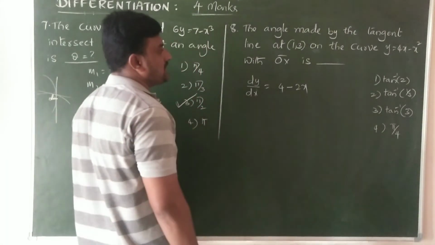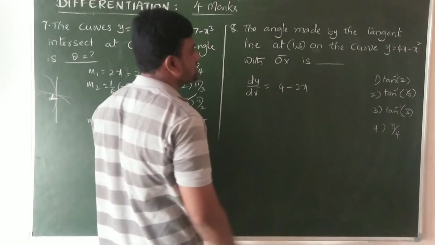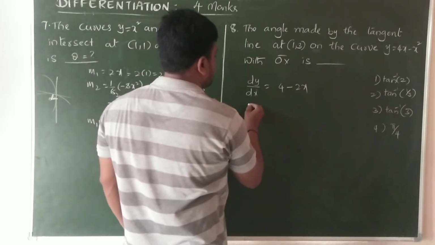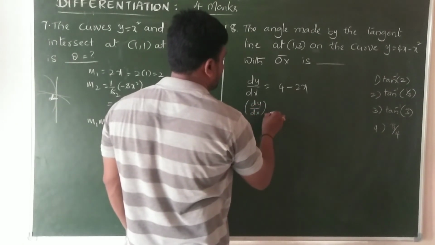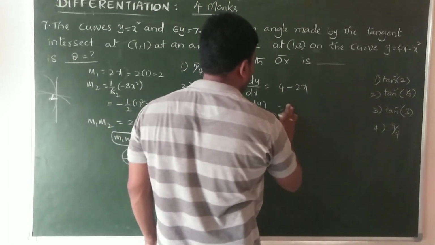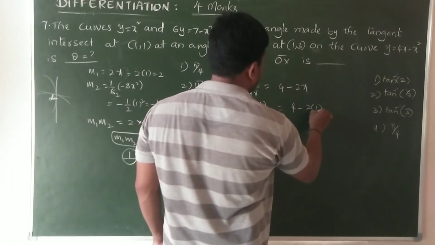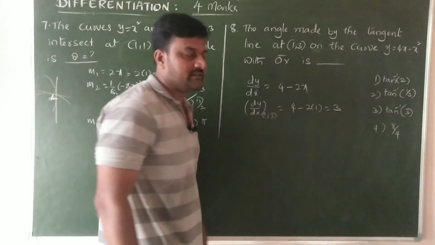At (1, 3), dy by dx should be 4 minus 2 into 1, that is 2.